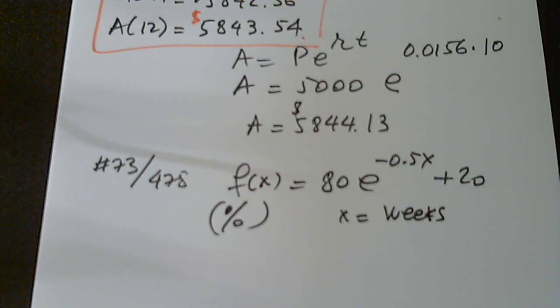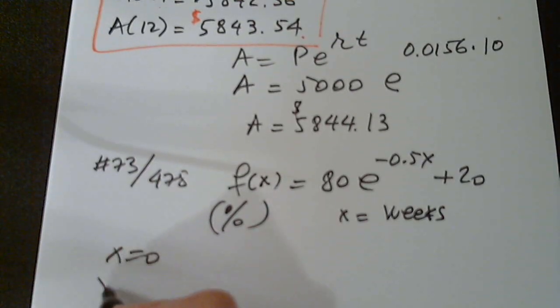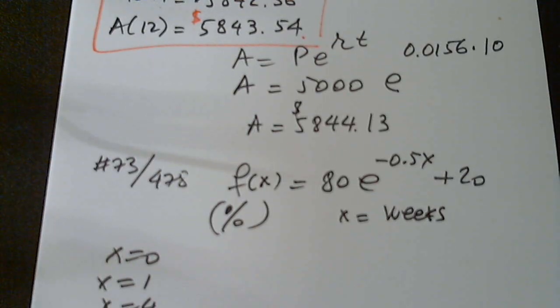Substitute 0 for x without using a calculator, and find the percentage of information remembered at the moment it is first learned. Then substitute 1, substitute 4, and find the percentage after 1 year. So x equals 0, x equals 1, x equals 4, x equals 52.